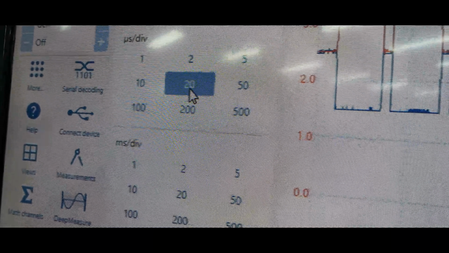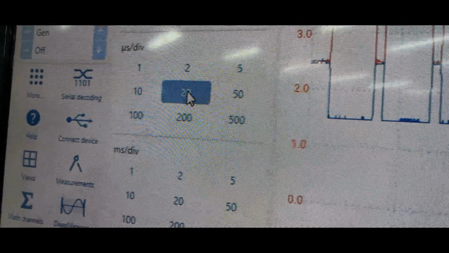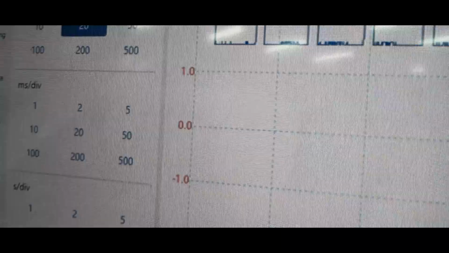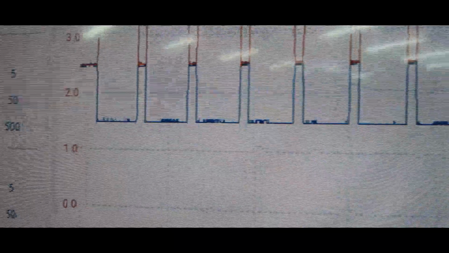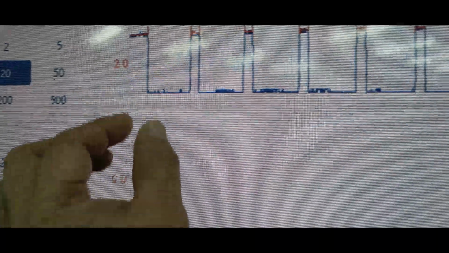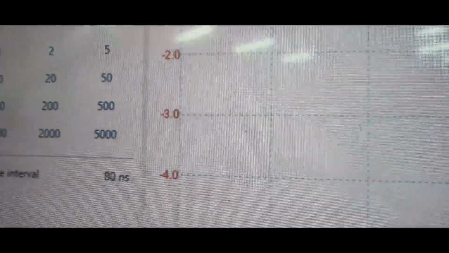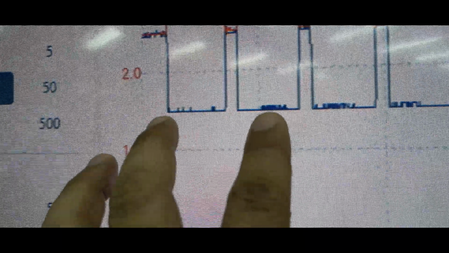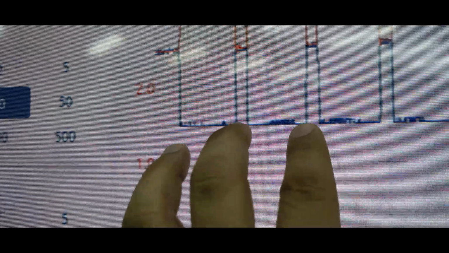So now we are setting it to 20 microseconds. So 20 from here to here to here. So that's why we have, let's say, the width of our reading.